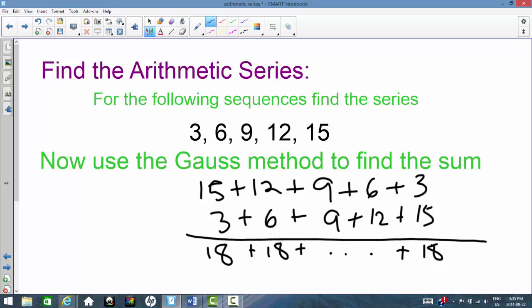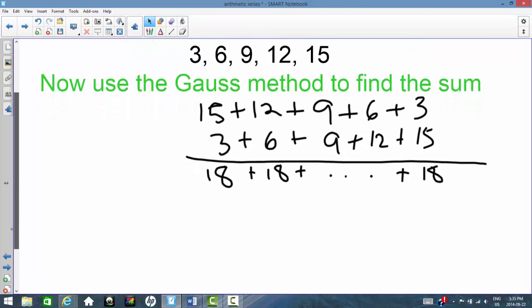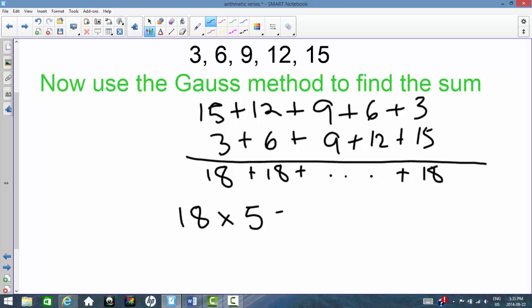Just like he discovered, they're all 18. So to find the sum, we simply say 18 times, and there's 1, 2, 3, 4, 5, times 5. And 18 times 5 is 90. Again, that's 2 sequences, so we have to divide it by 2, and we get the sum to be 45.